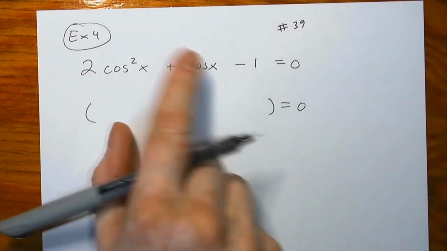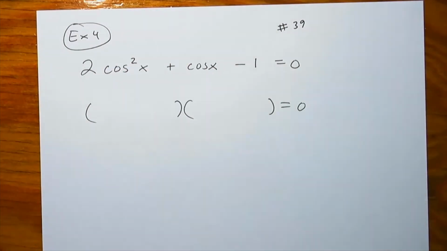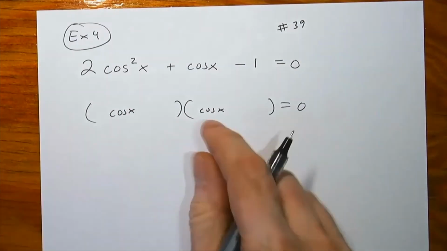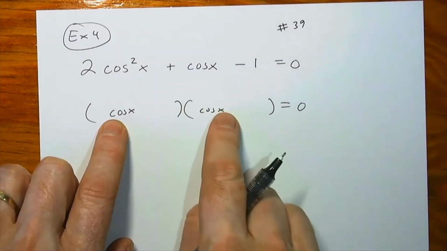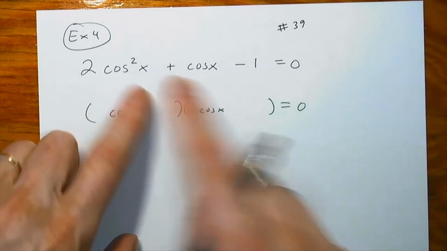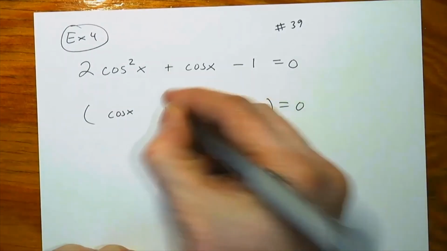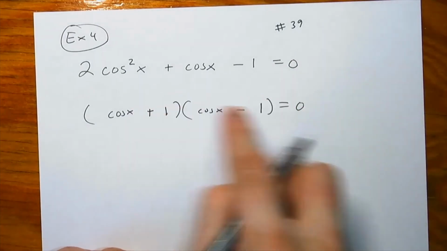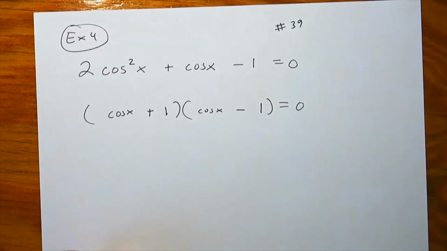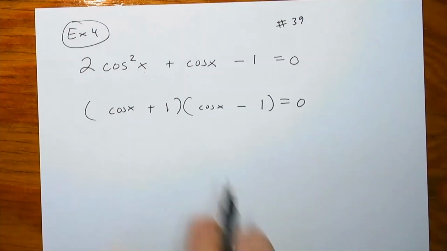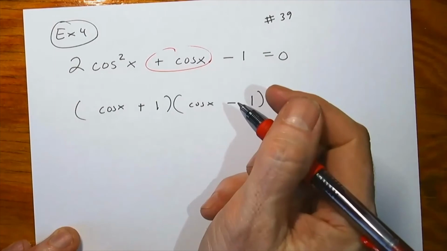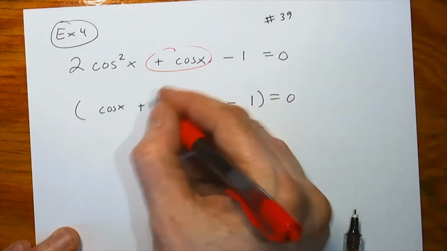You see this? Cosine, cosine, cosine. That's the word. Put cosine x, cosine x. Cosine times cosine is cosine squared. Okay, how about 1? 1 times 1 plus times minus, positive times negative. Oh, wait a minute, that's 2. Let's look at the middle. We've got a cosine here. Let's see, here's 1.